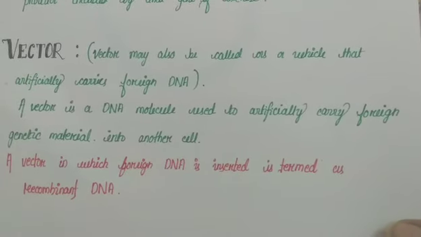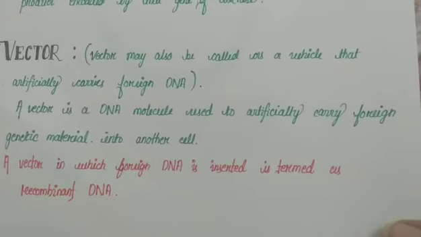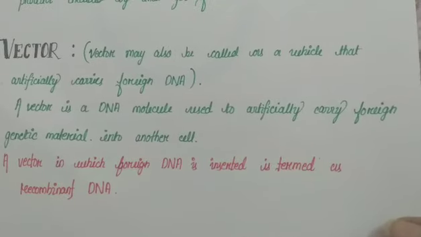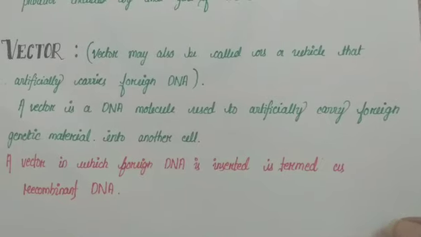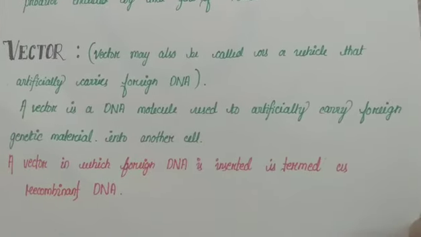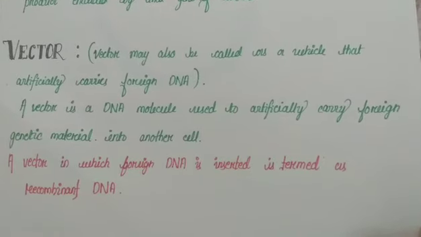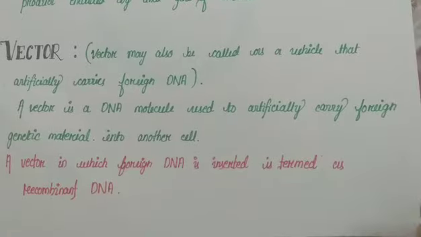So the vector itself is a DNA molecule, and it has the capability to carry foreign DNA along with it to another cell. A vector in which a foreign DNA is inserted is termed recombinant DNA.